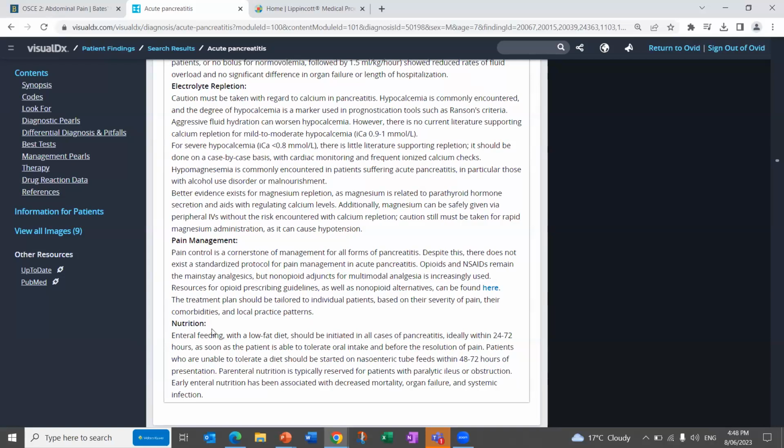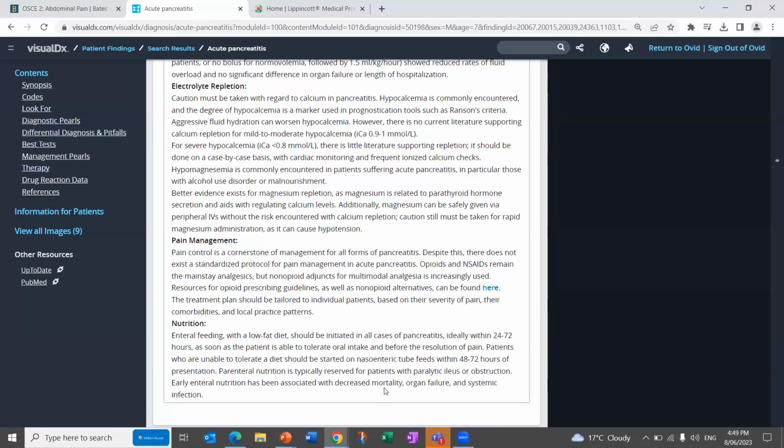We may also think in the more near term about how we are going to deal with their pain and discomfort. It may not be possible for them to eat, and so we need to make some sort of other arrangement for their nutrition. And we can see that in this part.